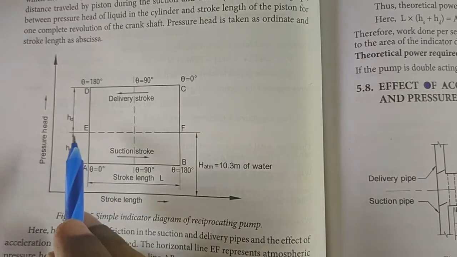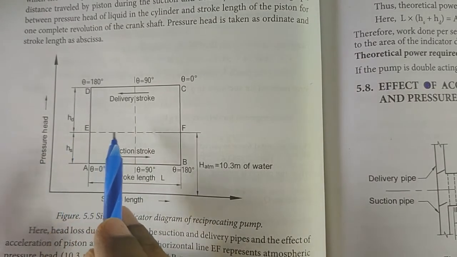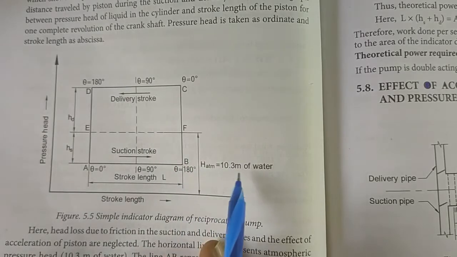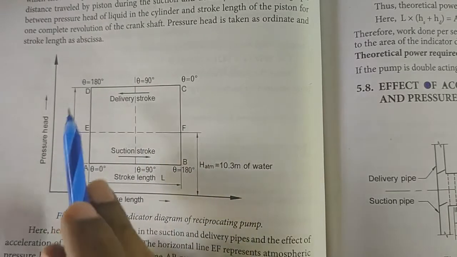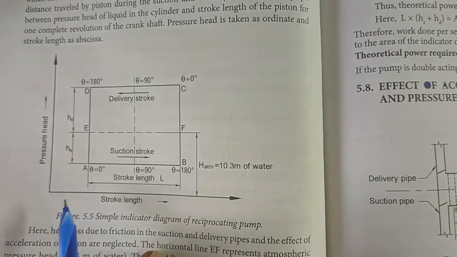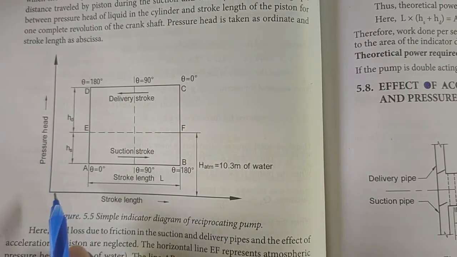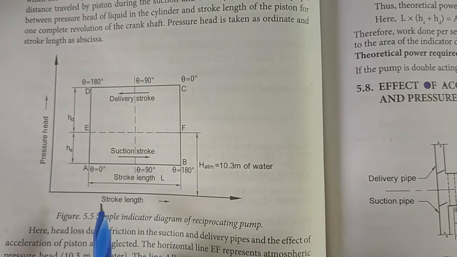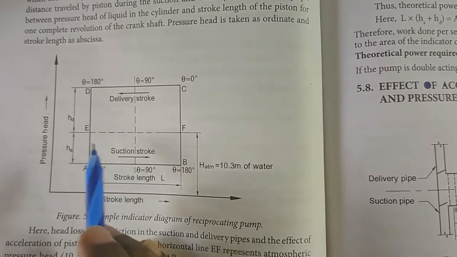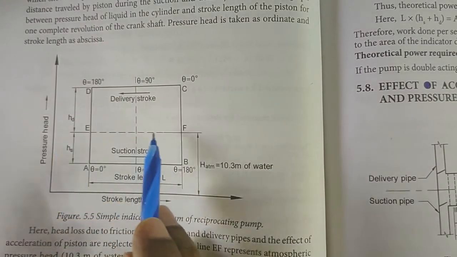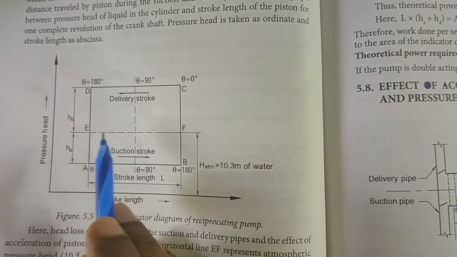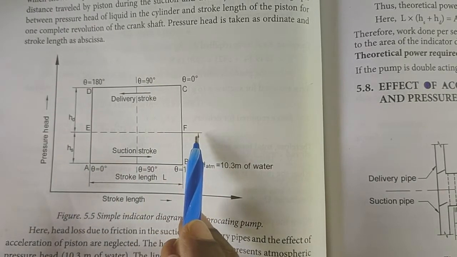You can see here the atmospheric pressure head, 10.3 meters of water. The middle line shown here is the atmospheric reference line.